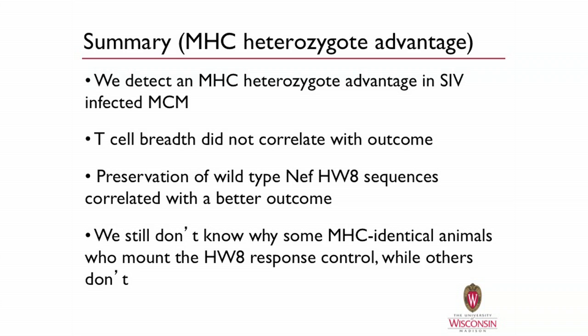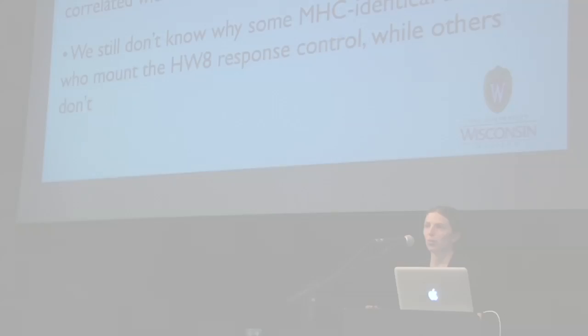However, it seemed that a specific response targeting this region in NEF was important, and preserving the wild-type HW8 sequences has correlated with a better outcome. Unfortunately, though, we still don't know why some MHC-identical animals can mount the HW8 response and control while others don't. If all animals can make this response, why are some controlling and others don't? And that's going to be something that we have to follow up moving forward.